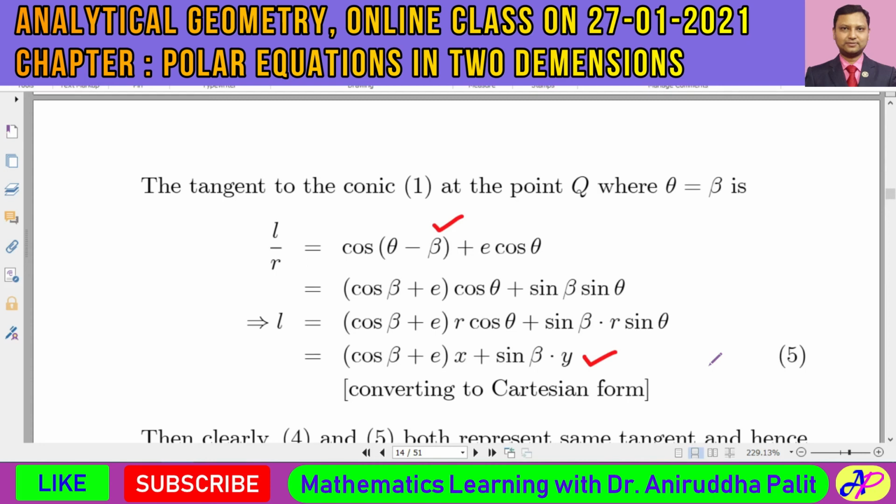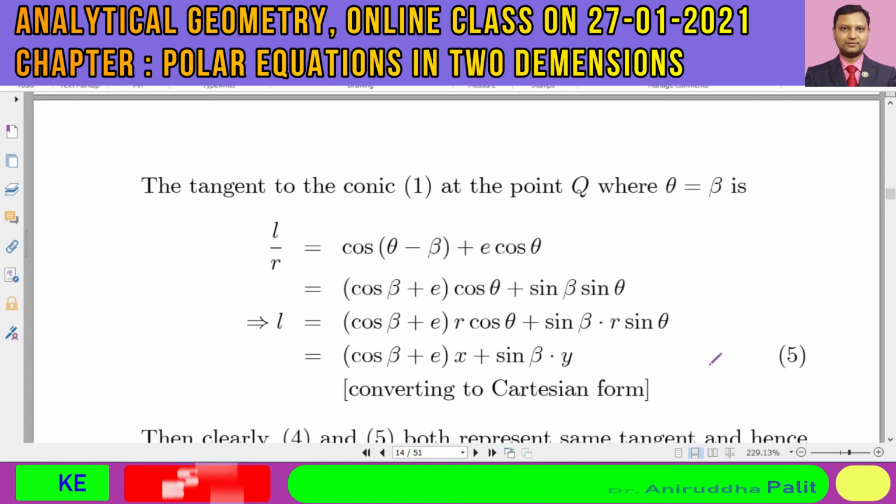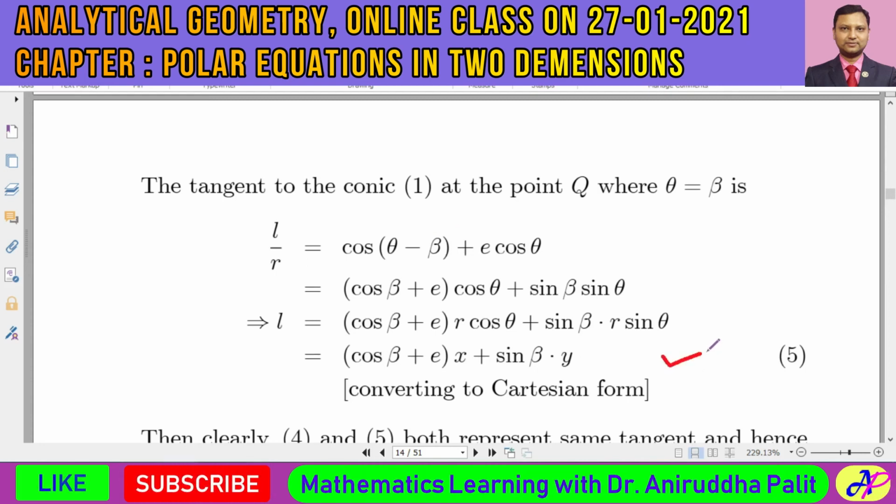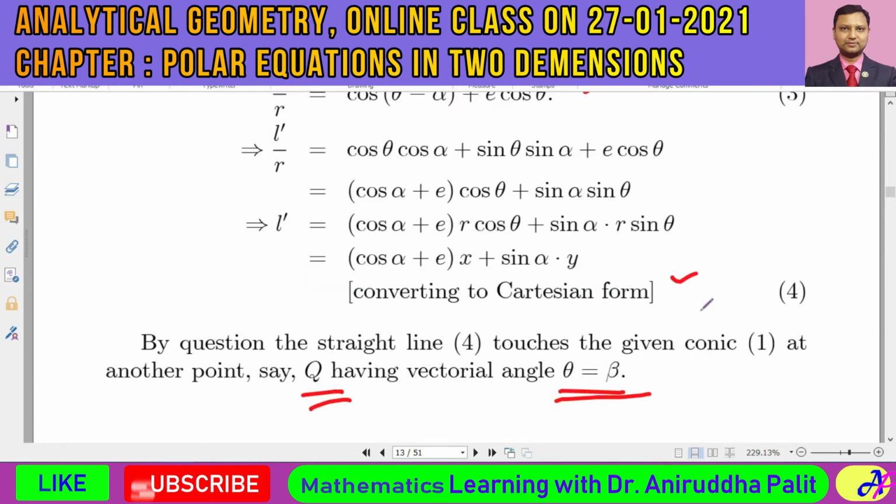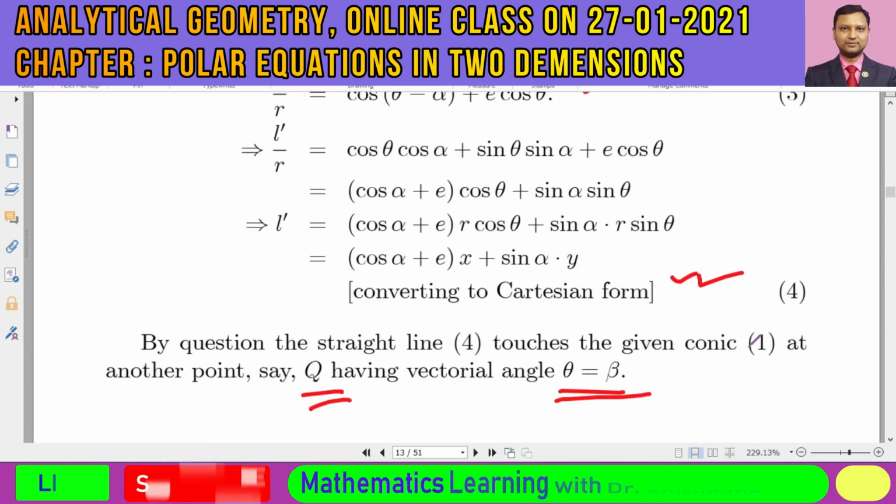So we actually have two different equations. One is equation number 5, another is equation number 4.